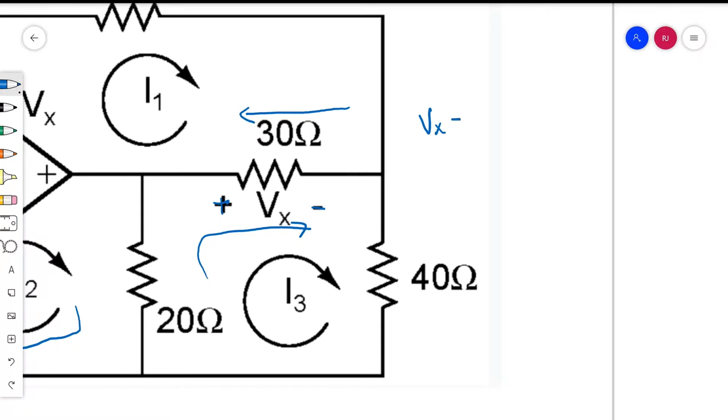So the voltage across this resistor using Ohm's law is the resistance of that resistor multiplied by the current through it. So the net current through it is I3 minus I1. And again, I1 is negative because it's going from negative to positive across that Vx terminal.